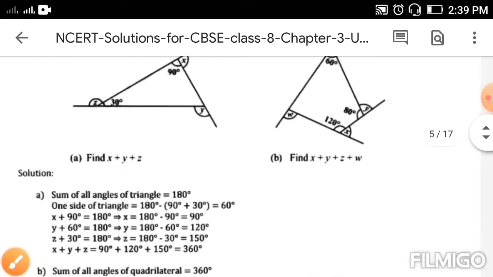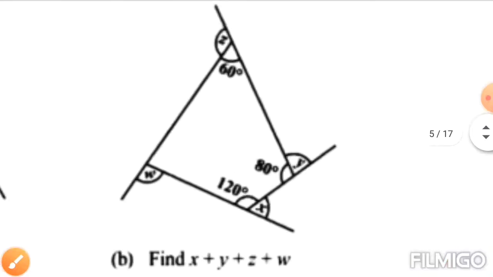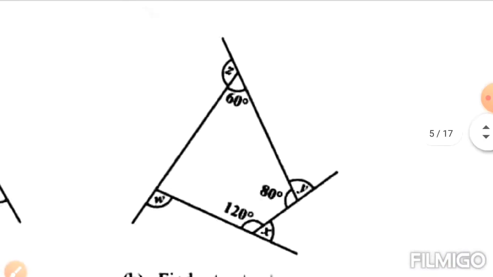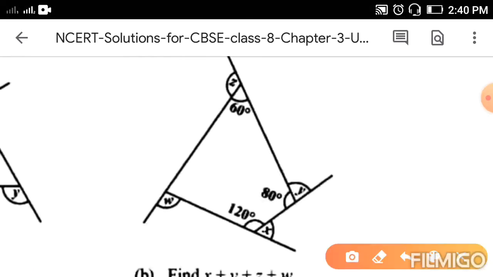Now let's see the second one. Find x plus y plus z plus w. First of all, let's see where the angles are given. This is the figure. Yes. This is x. Here it is y, z and w.